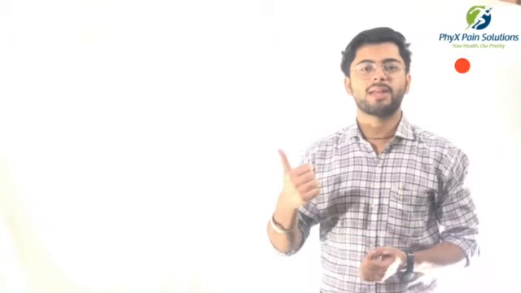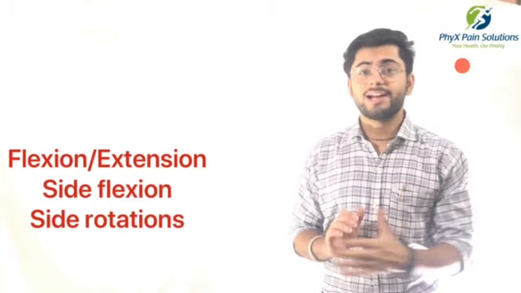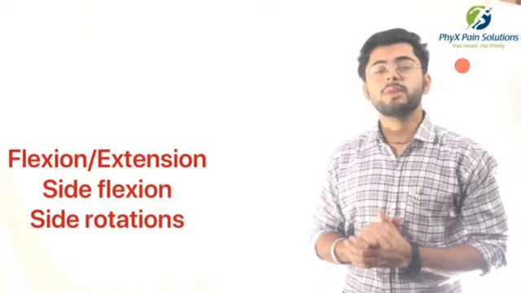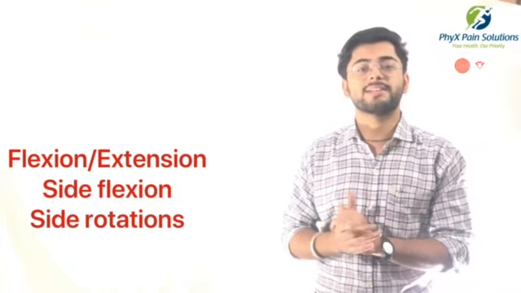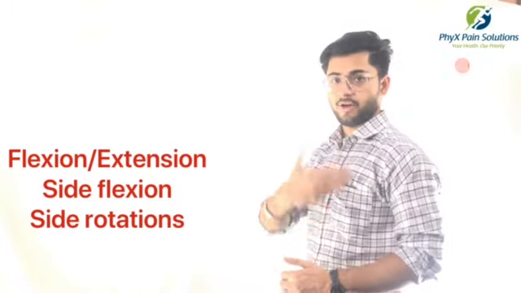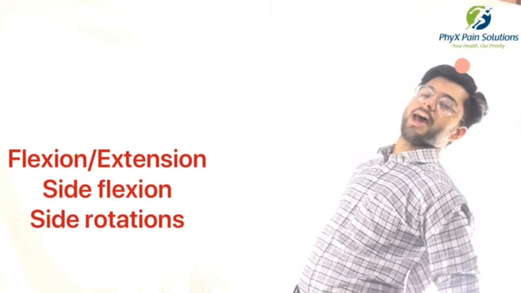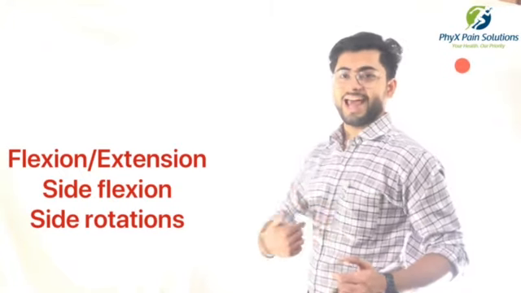Now talking about the movements available at the lumbar spine, we have flexion and extension at the lumbar spine, that is in the sagittal plane and mediolateral axis. Okay. Now when flexion and extension are happening in the sagittal plane, this is flexion and this is extension happening around the mediolateral axis.